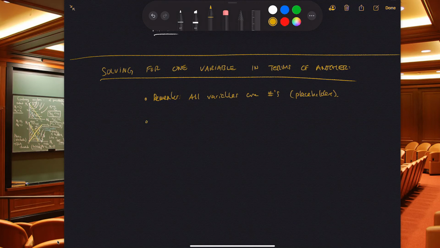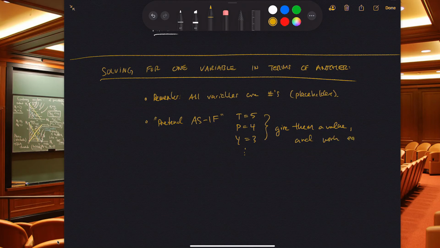But the other thing you can do, and this is a big skill in general in math, is pretend as if t equals 5 and p equals 4 and y equals 3. Give them a value and work the equation as if they have this value.